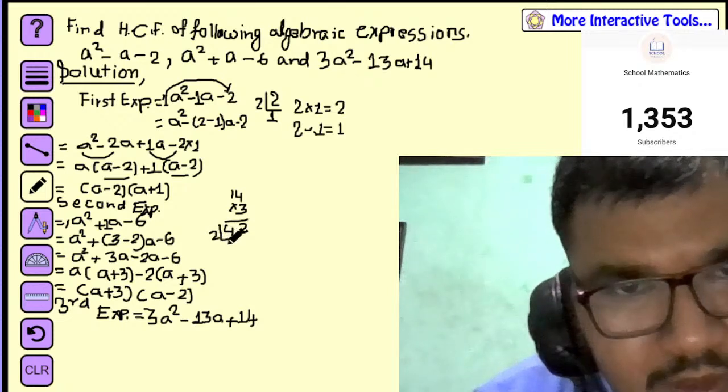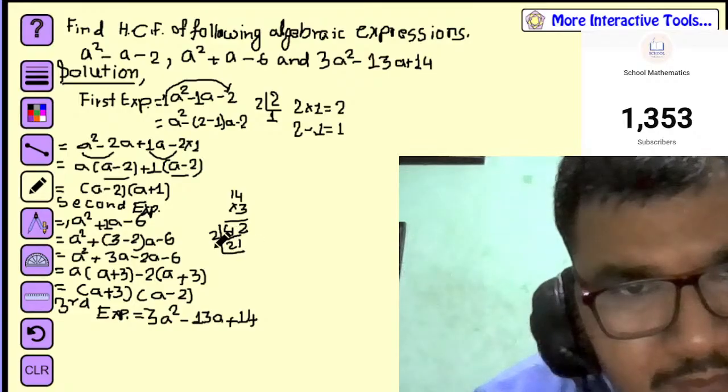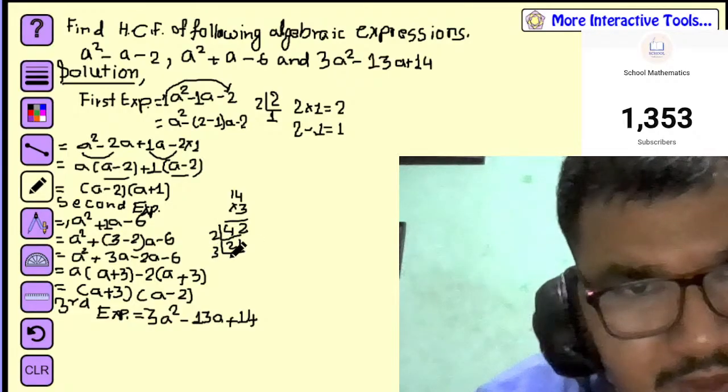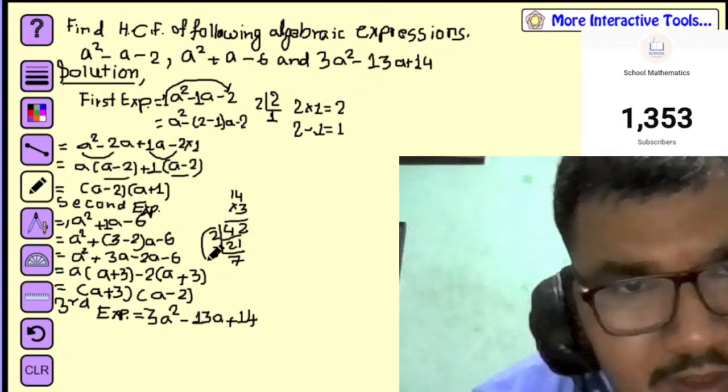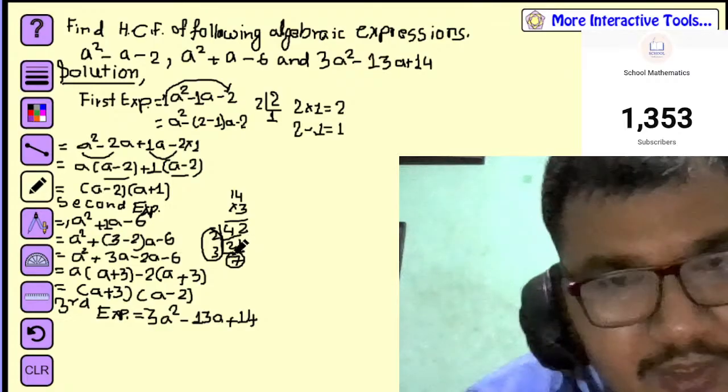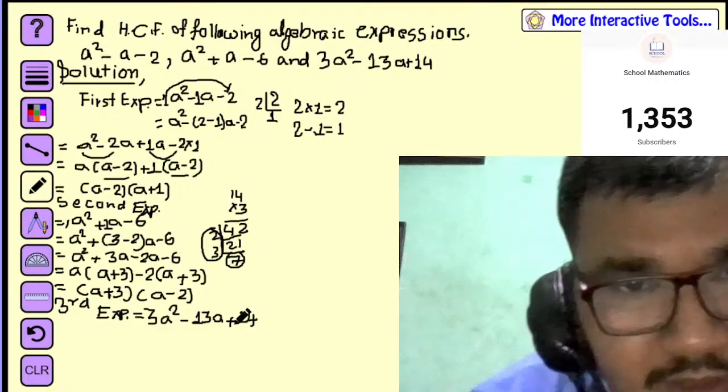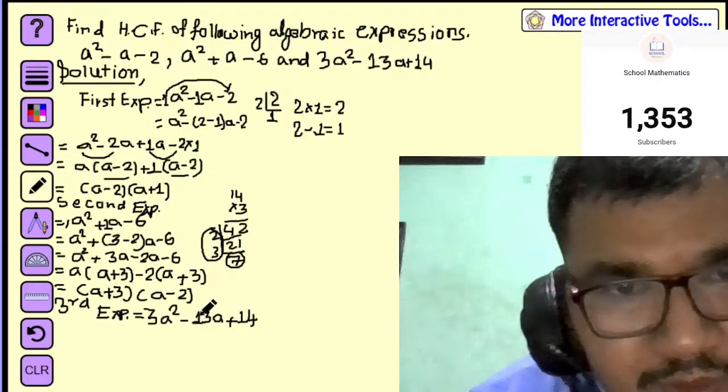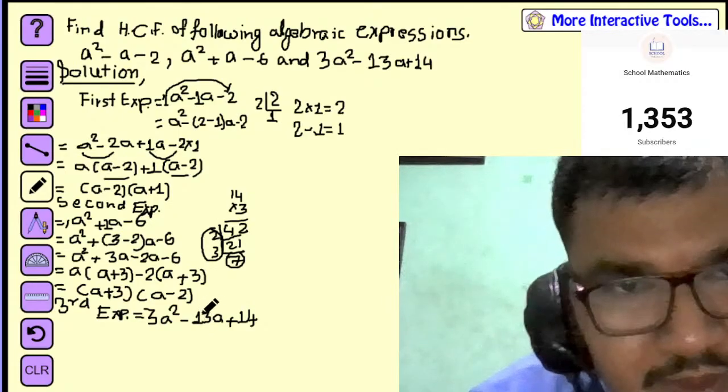Right here 2 times 1 is 2, and then we can write here 3 times 7, the factors are like this, okay. And here you can look clearly, this is 2 times 3 is 6, okay, and this is 7, right. And look at student, first of all I want to tell here, at the last there is plus, that's why we need to find out this middle term by addition, okay.